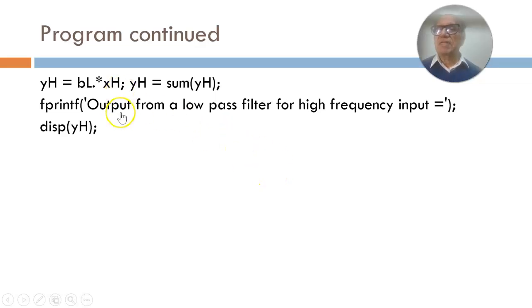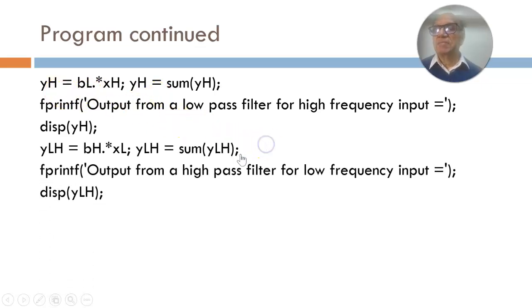We repeat the same thing for the high pass filter, band pass filter, and band reject filter. Remember, for low pass and high pass we do only 2 calculations, for low frequency and high frequency. But for band pass and band reject we do 3 calculations, for the low, high, and medium frequencies.